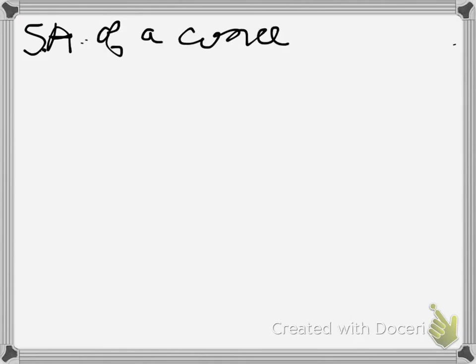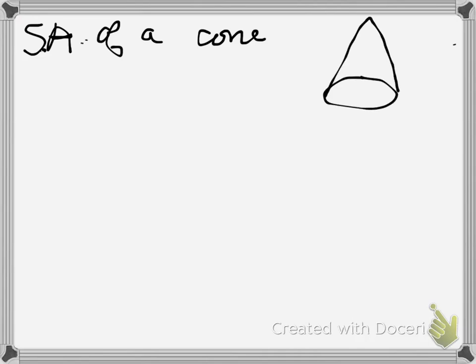So we found surface areas of pyramids now. Now you're going to do surface area of a cone. So if you have a cone, it has a radius, and then you have your side from your vertex down.